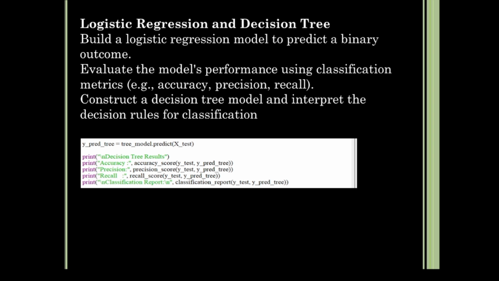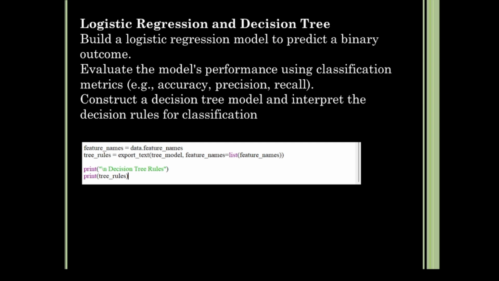This calculates the precision. Next, recall, that is print recall, recall_score(y_test, y_predict_tree). This will also calculate the recall. Next, we have print \n classification report \n, classification_report(y_test, y_predict_tree). This prints the detailed performance.